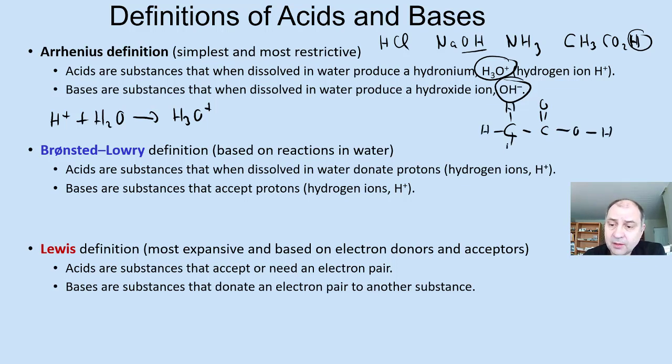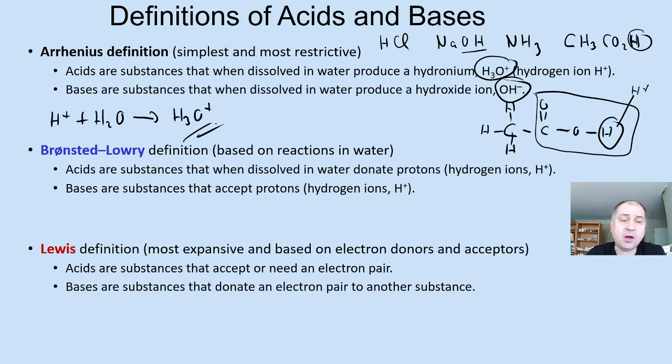So which hydrogens are acidic and which ones are not? It's only this hydrogen, because of this carboxylic acid part, that will come off slightly and then produce hydronium ions. But none of these are acidic, so they stay put.